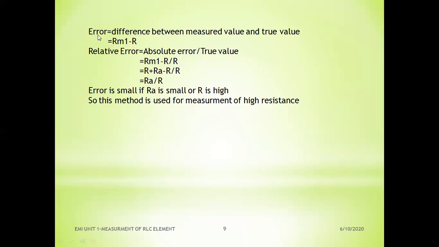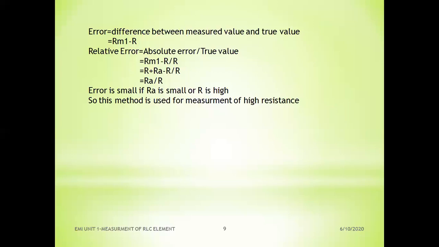So when we put it here, we get the relative error equal to RA divided by R. This error is small when RA is small and R is high. Okay, so we can say that this method is used for the measurement of high resistance.